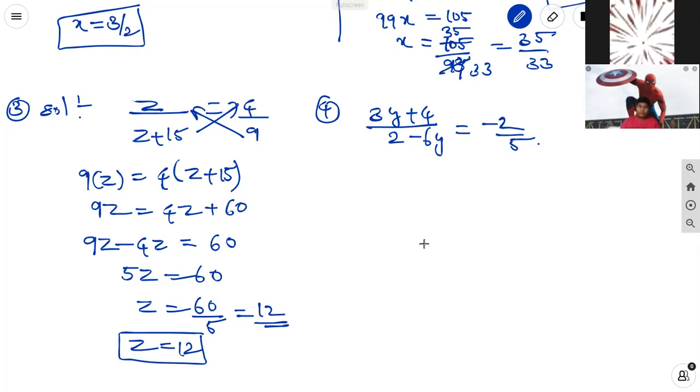Taking y terms to one side, constants to the other side: 15y - 12y = -4 - 20. So subtraction of 15 minus 12 is 3.